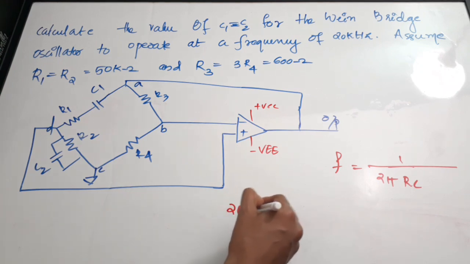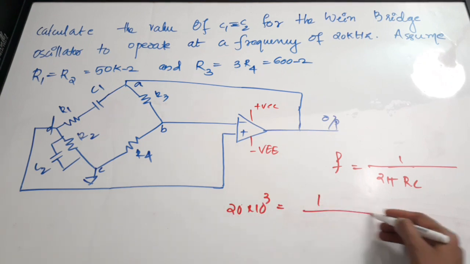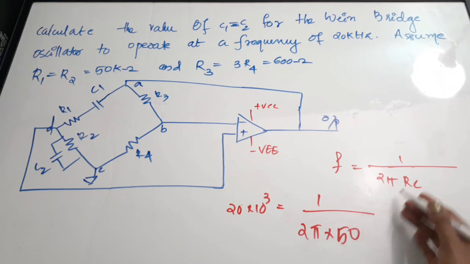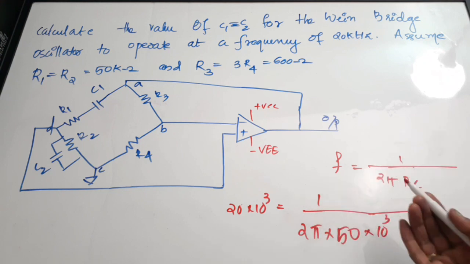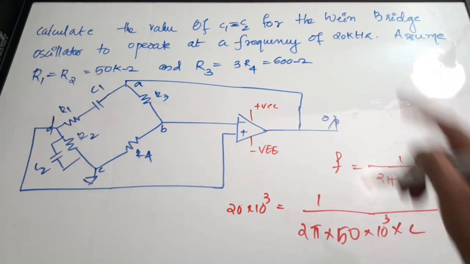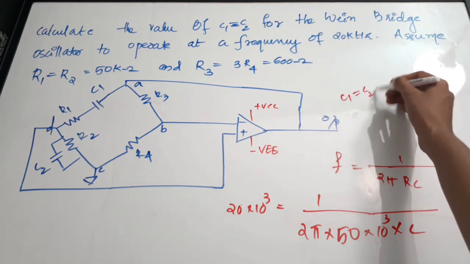So 20 into 10 raised to 3 is equal to 1 by 2 pi into 50 into 10 raised to 3, substituting the value of R because it is 50k, then into C. C1 is equal to C2, so you can take it as C1 equal to C2 equal to C.